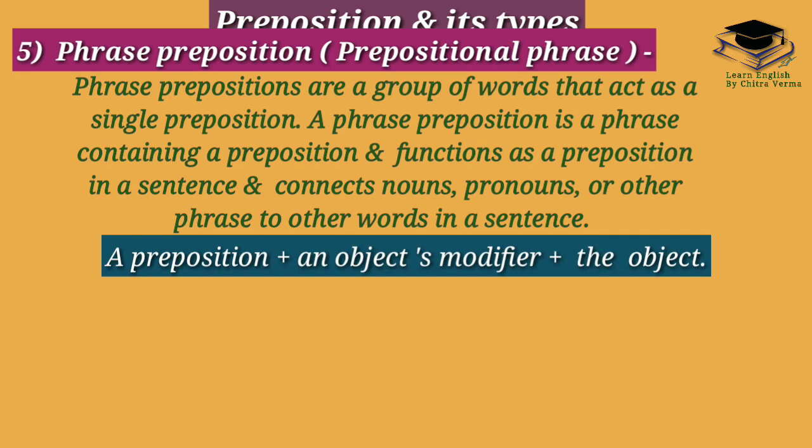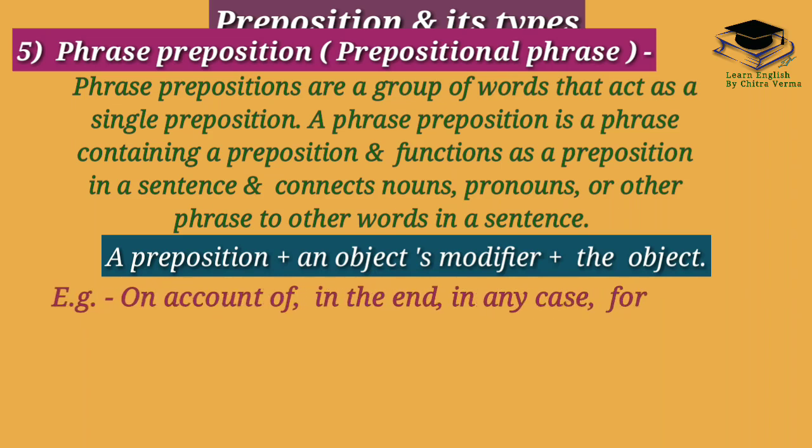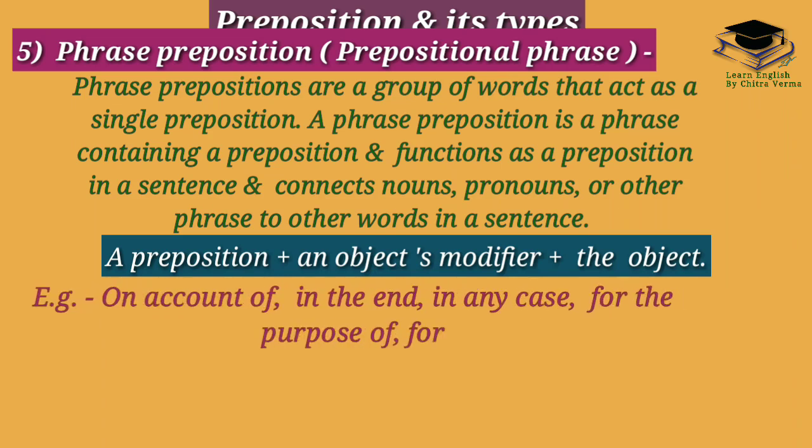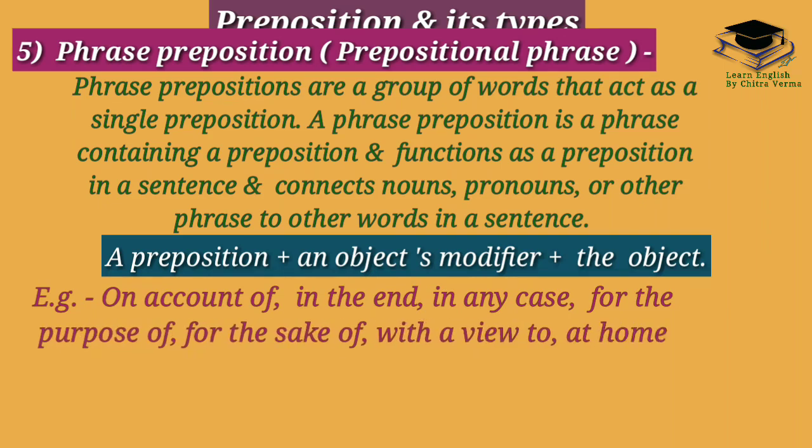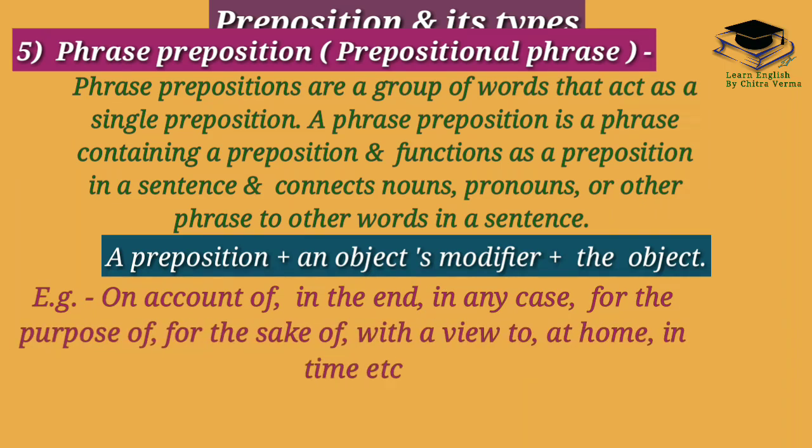Some phrase prepositions are on account of, in the end, in any case, for the purpose of, for the sake of, with a view to, at home, in time, etc. These are some examples of phrase prepositions.